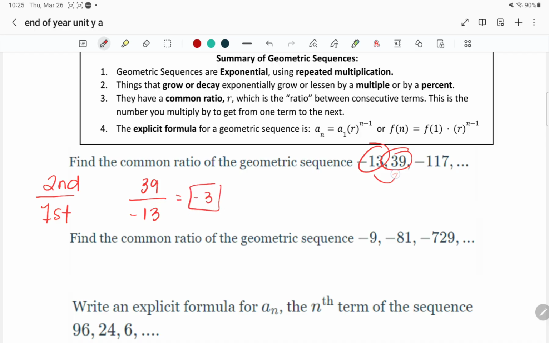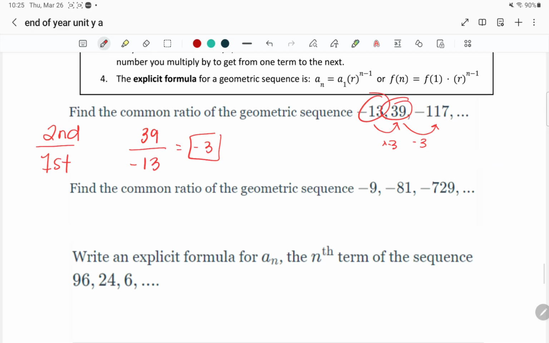So if we take a look, what's happening each time is I'm timesing by negative 3. Let's try it again. Negative 81 divided by negative 9. So I am multiplying each time by 9.